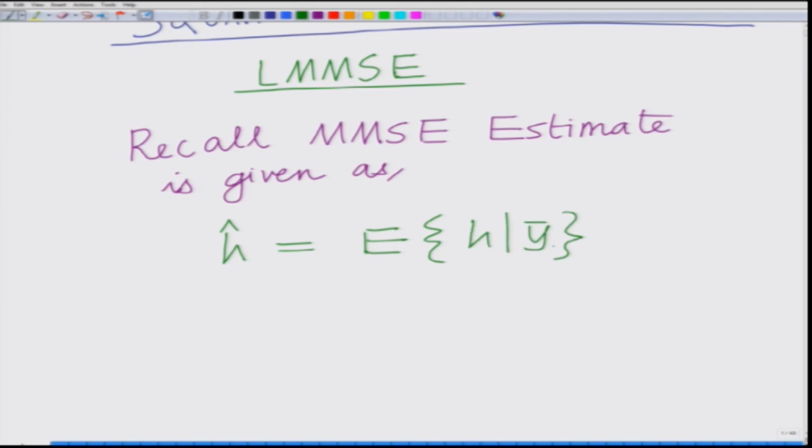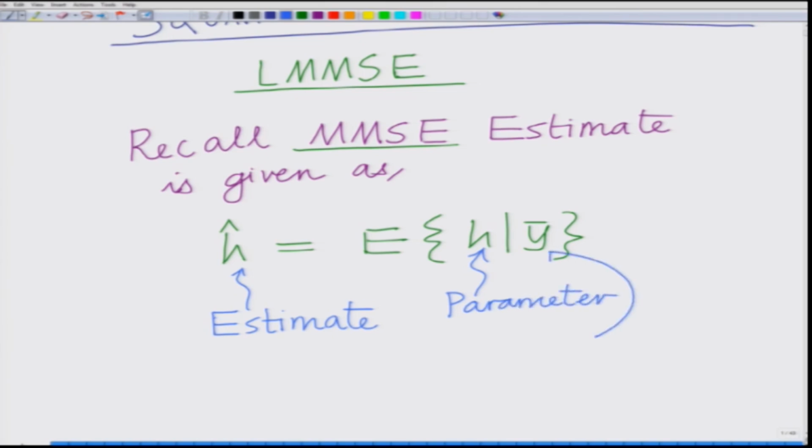This we have said is the optimal MMSE estimate, okay, where h hat, remember, is the MMSE estimate of the parameter h, and y bar is the observation vector.